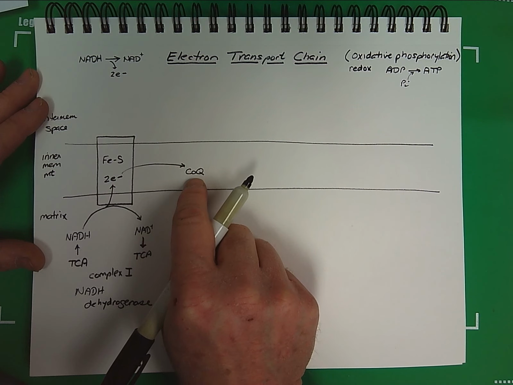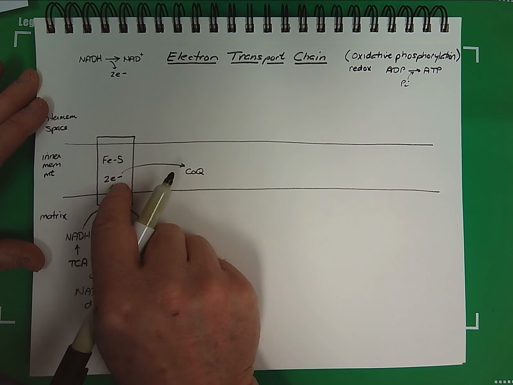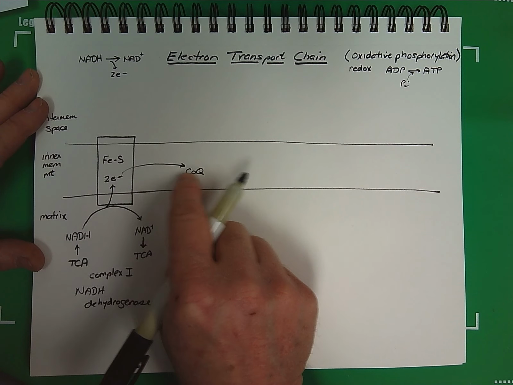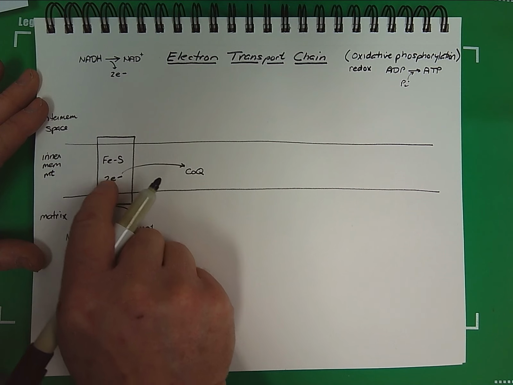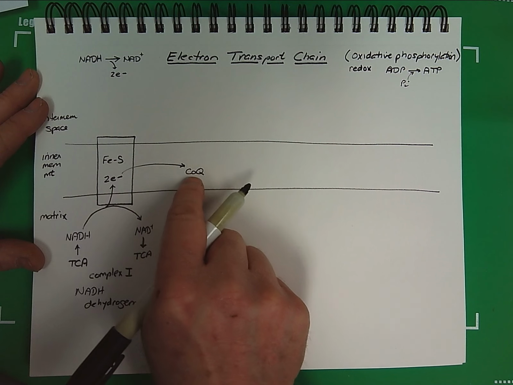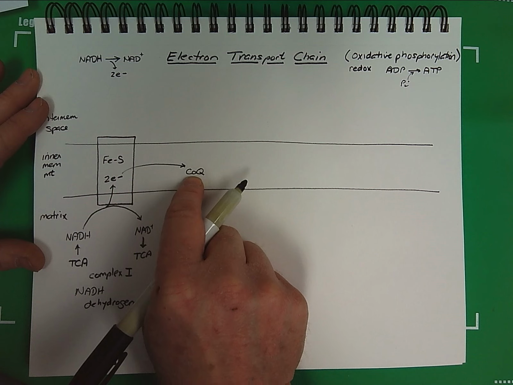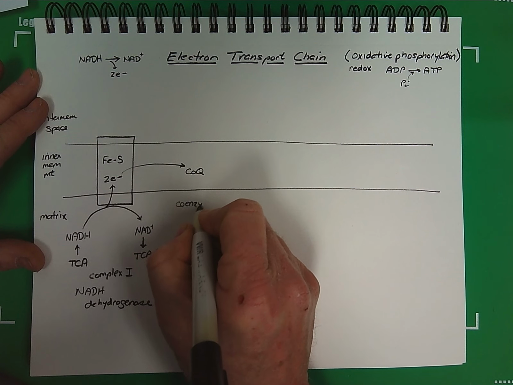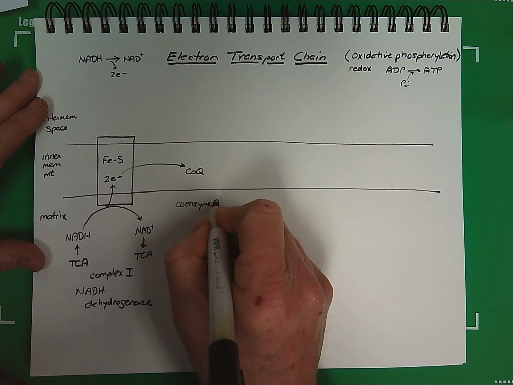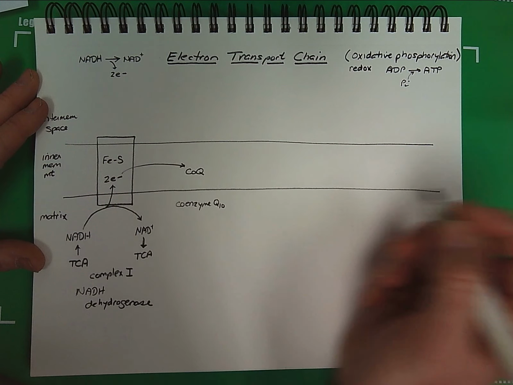This is a small, lipid-soluble, hydrophobic molecule that can undergo redox reactions so that the iron-sulfur centers in complex 1 are oxidized. The electrons are then moved to reduce CoQ. This is also called coenzyme Q10.